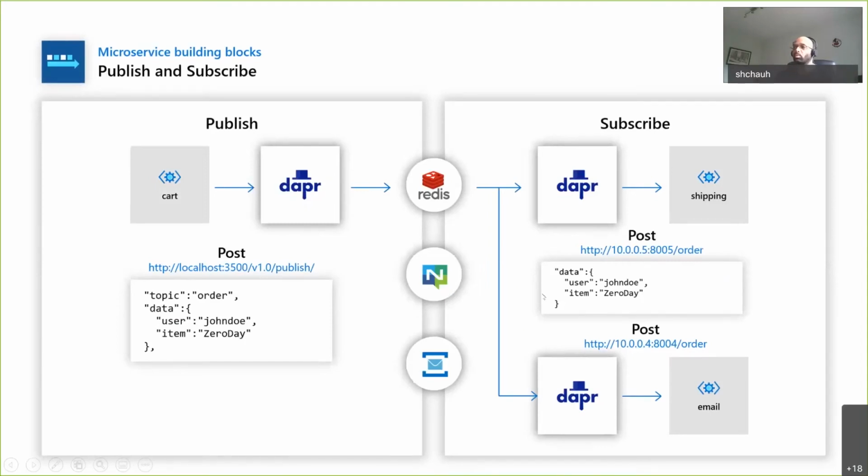And once I publish an order, it goes to my shipping or email service, if you remember the example I showed you before. The component which is actually backing this pub sub scenario is Redis, but you can change it to anything else like NATS or Service Bus. With just a change of a few configuration parameters, you can quickly change the underlying component for a building block. I hope I make sense.